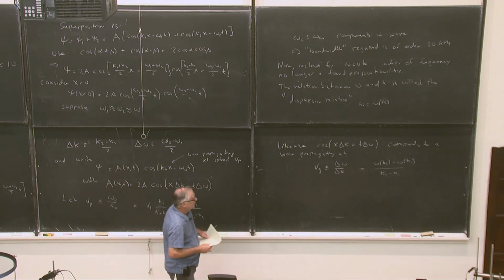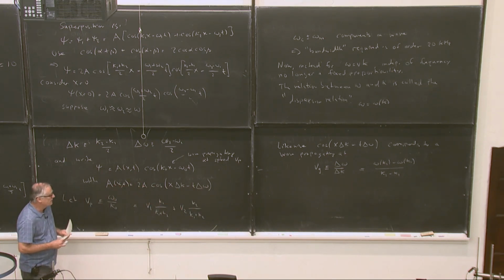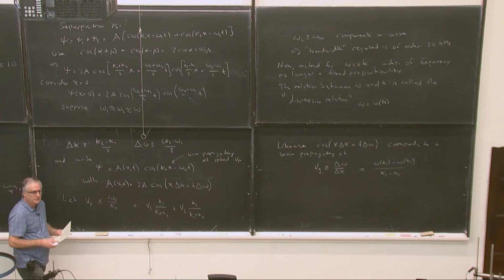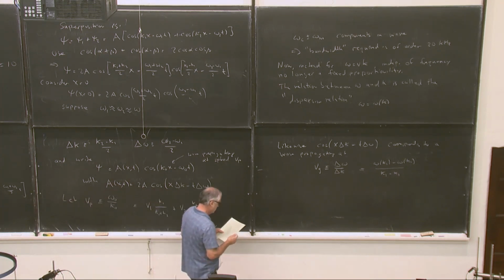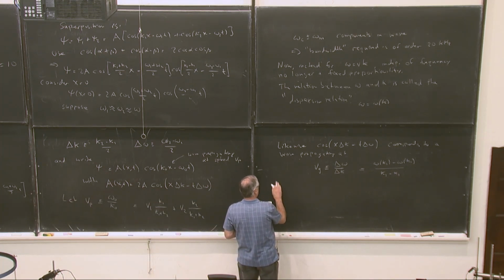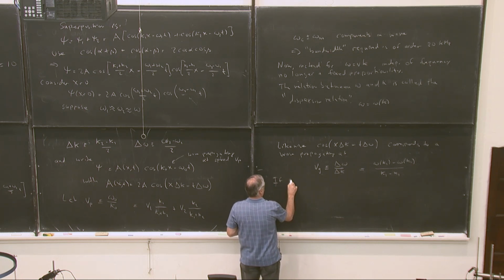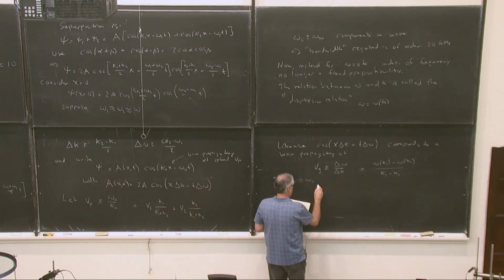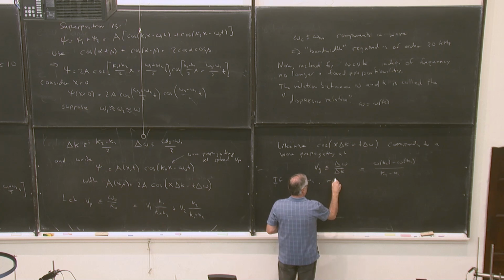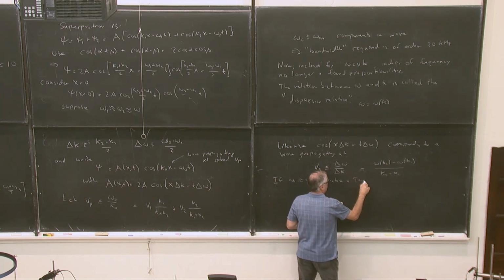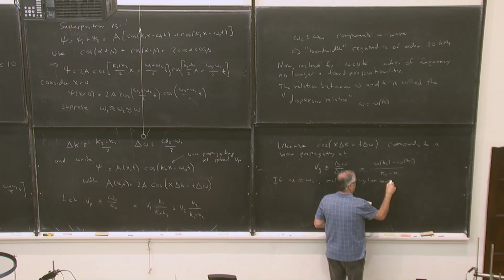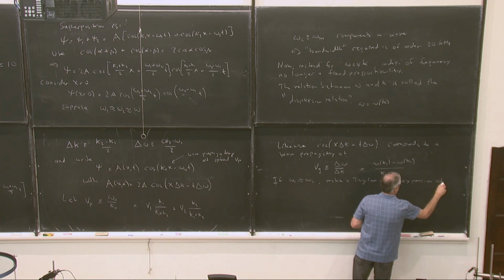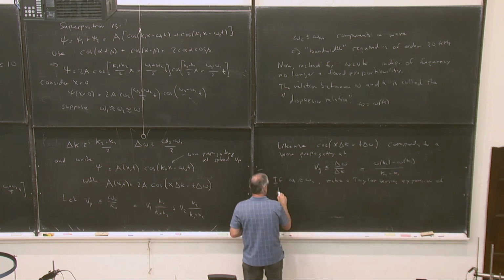And if omega 1 and omega 2 are about the same, or k1 is about k2, then it's useful to make a Taylor series expansion of our dispersion relation and see what we get, and only keep the lowest terms.